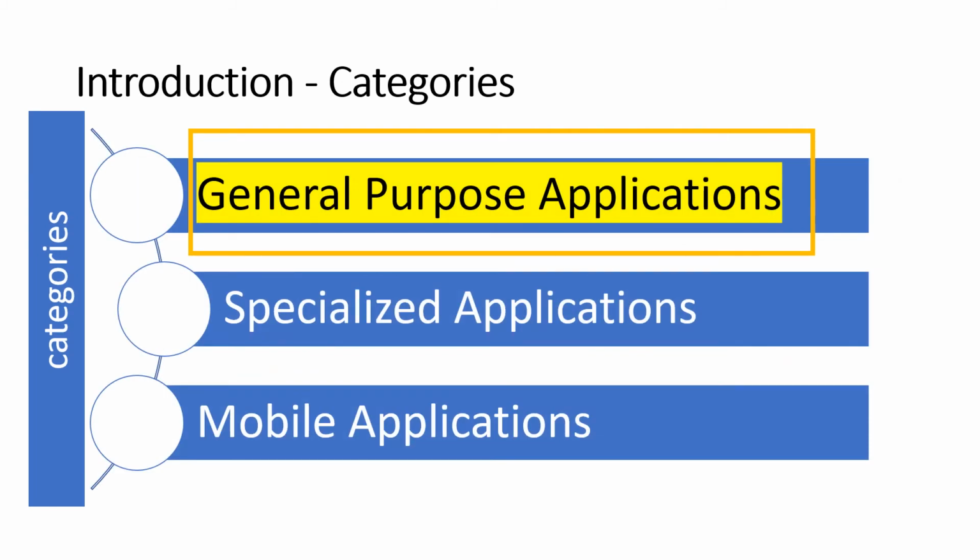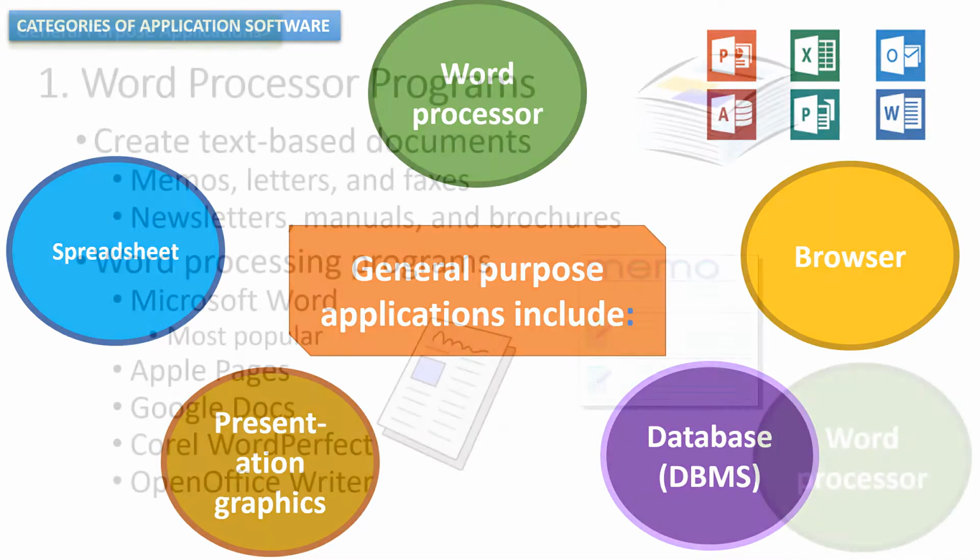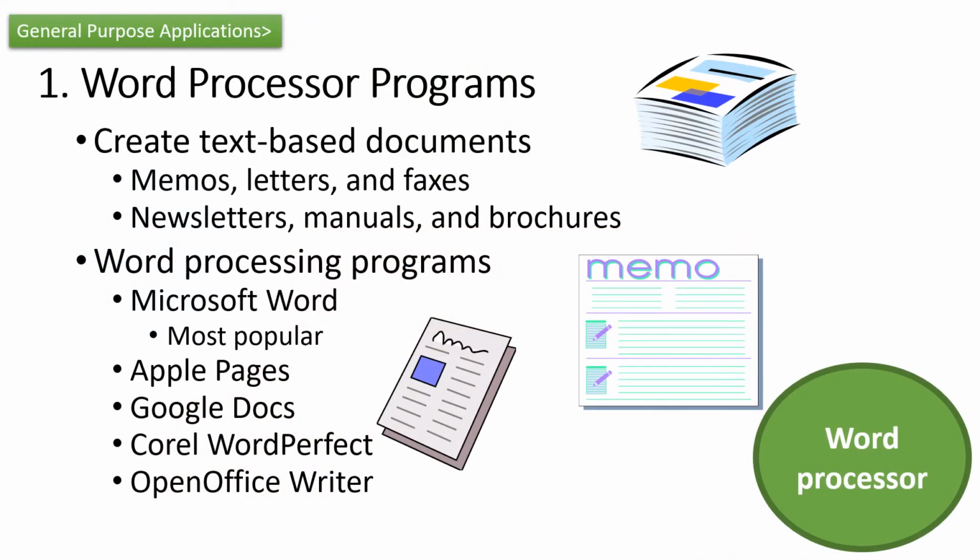Okay, let us move to the first category of application software, which is general purpose applications. There are 5 general purpose applications as shown here. We'll go to the first one, word processor program.